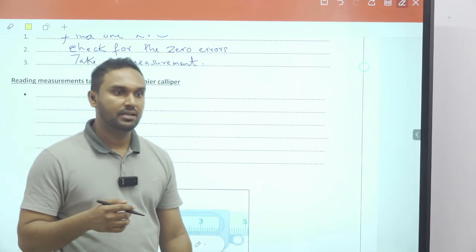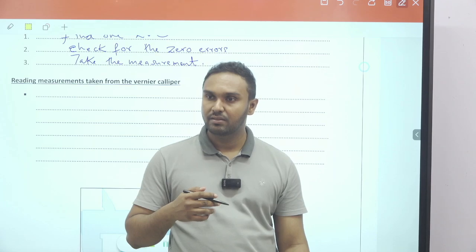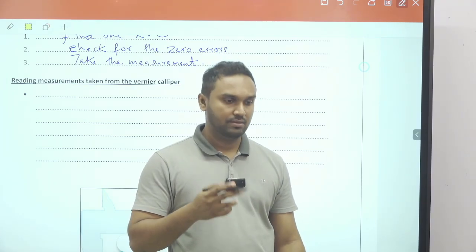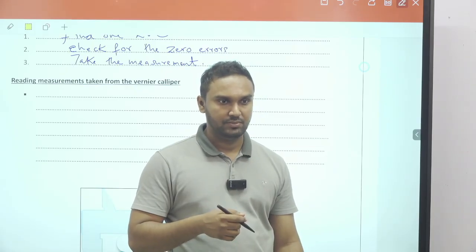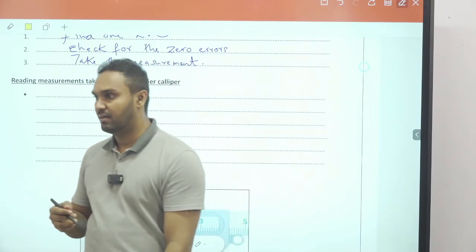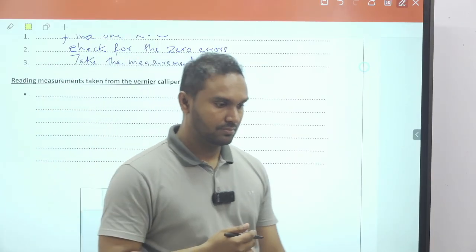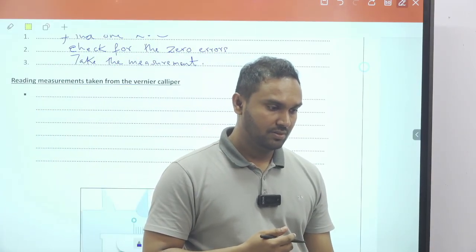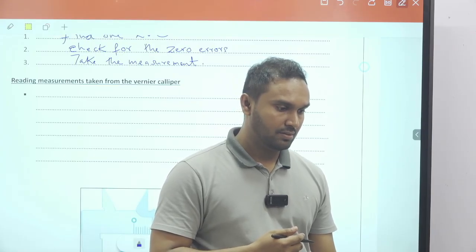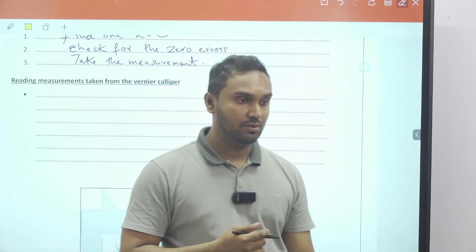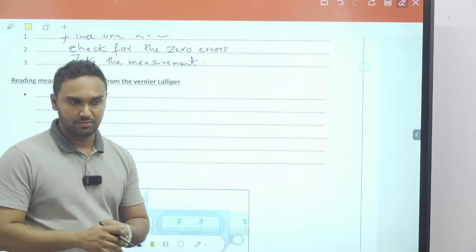How do you take the main scale reading? The main scale value just before the vernier 0. Write within brackets: main scale value just before the vernier 0.